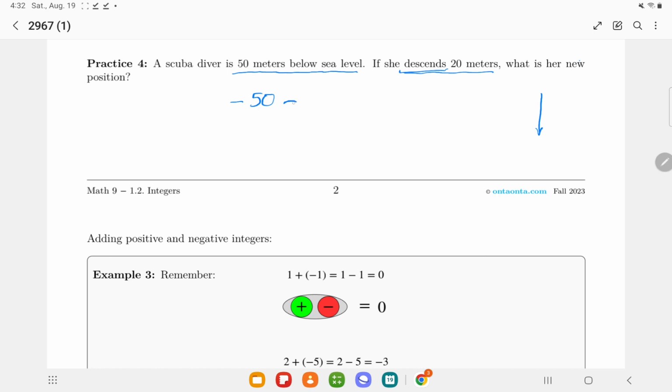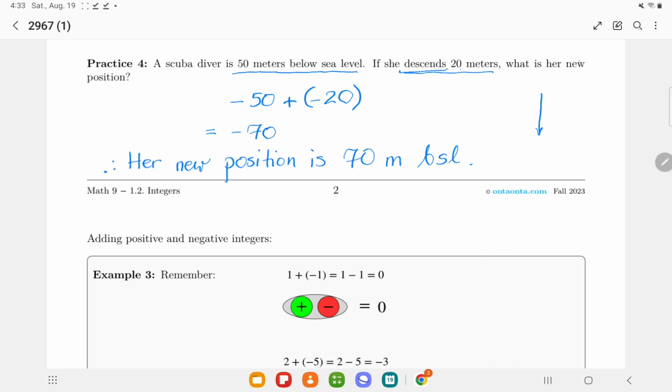So minus, or we add a -20, plus -20 meters. So here we could either add -20 or we can subtract 20. -50 plus -20 is -70. Therefore, her new position is 70 meters below sea level.